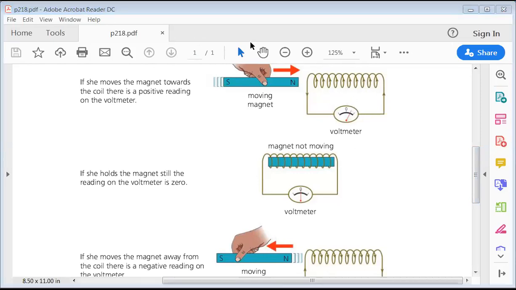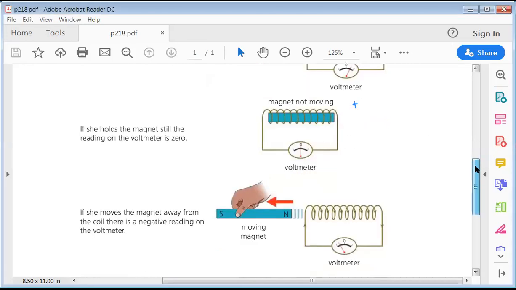You can see my arrow? Okay, let me use the pencil. She's getting a positive reading, above 0. If she holds it still, she got 0. But if she moves it in the other direction, backwards, it will go to the negative side.